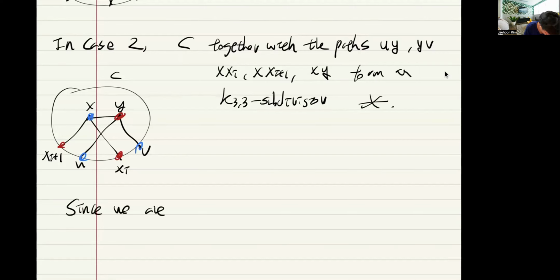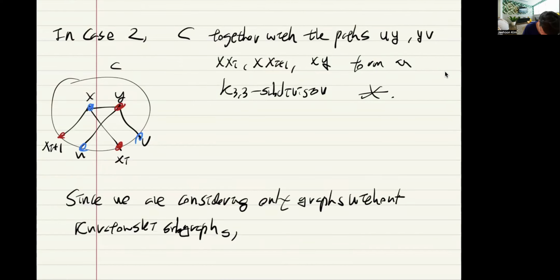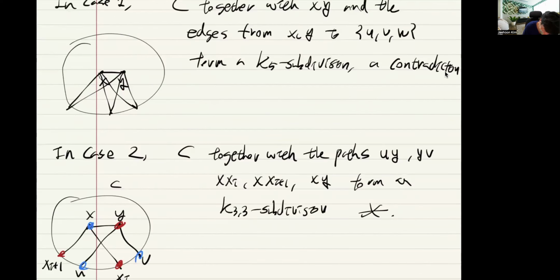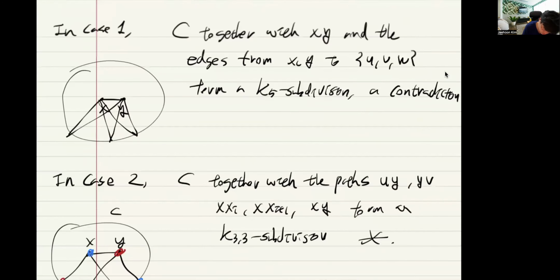Since we are considering only graphs without a Kuratowski subgraph, this must hold.